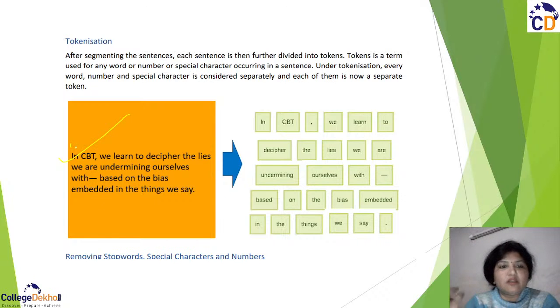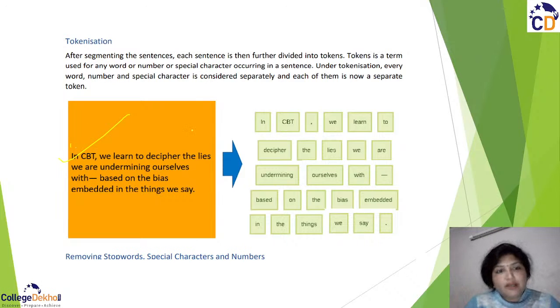It could be anything; even a comma or dash is treated as a token. Under tokenization, every word, number and special character is considered separately, and each is a separate token. You are not removing anything. Even our full stop has to be maintained as a token.